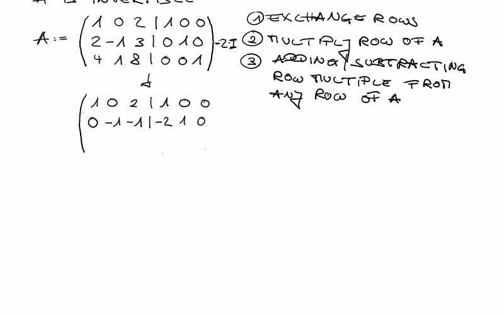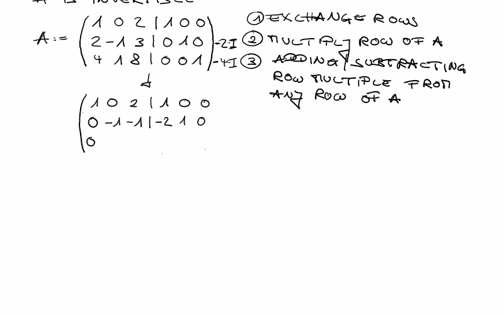Now we see that also in the third row of the first column we have a number that is not 0, so we can also get rid of that if we subtract -4 times the first row from this.